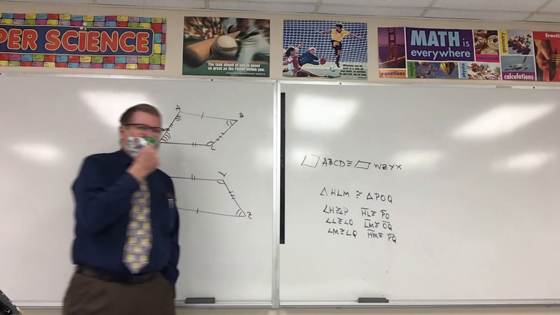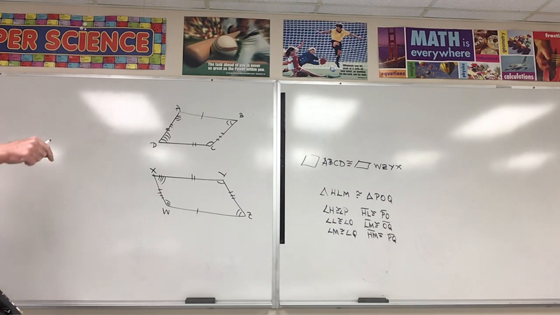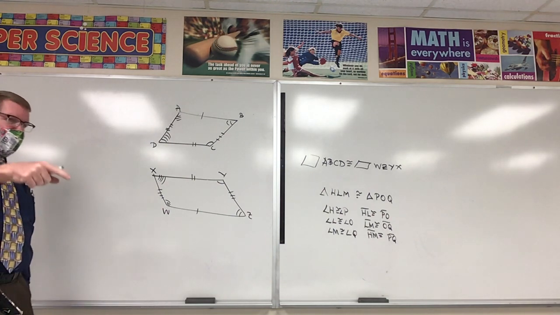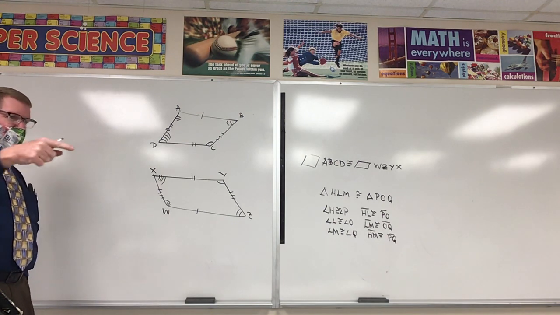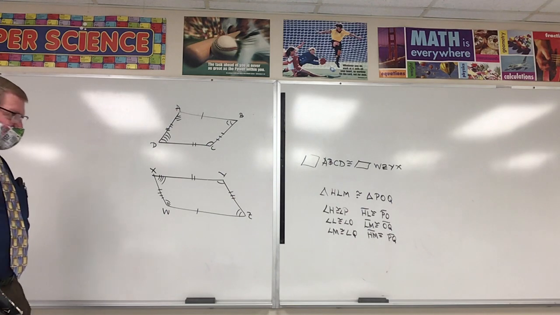So even the corresponding letters match up. The first letter is to the first letter, the second letter to the second letter, the third letter to the third letter. The first two are to the first two, the second and the third are to the second and the third, and the first and the third are to the first and the third. They all match up.